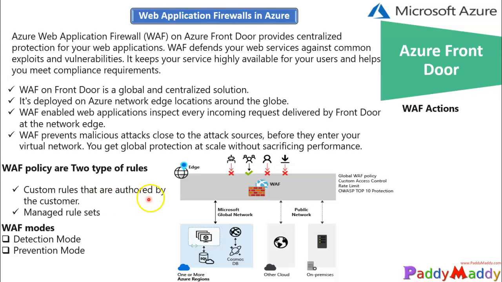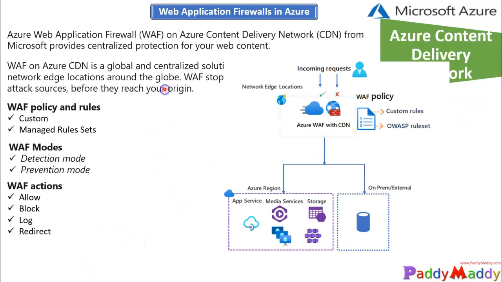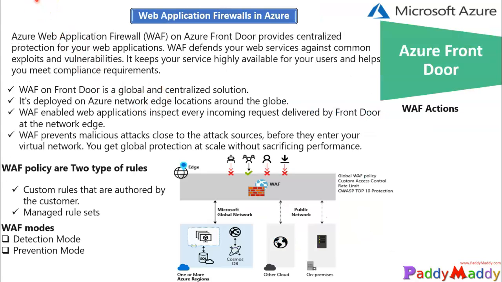And if you want to create your own rules, you can also do that with the custom rules. And again, with Front Door also, you can enable detection mode or prevention mode, and you can monitor accordingly. So let's jump into a quick demo to understand how to configure it on a Front Door.